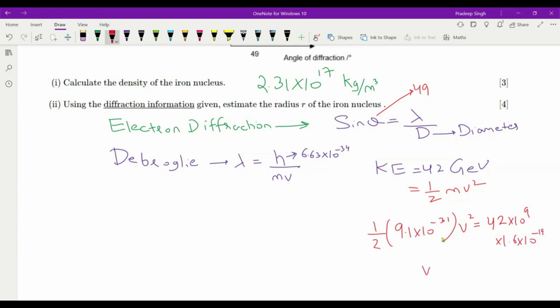Use this and find speed. So tell me speed first.